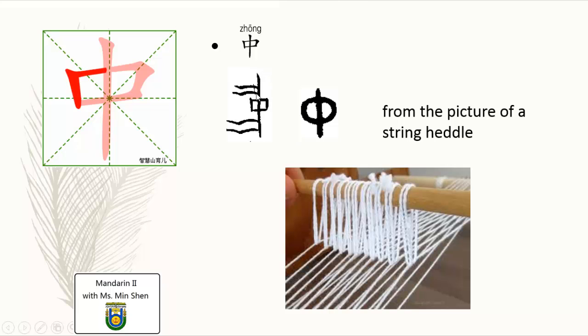So you can see this is the bar and the strings on the bar. The circle on the bar shows the circle. Later the form changes to be this one. It's more simple. And today our character is from this form. 中 middle.